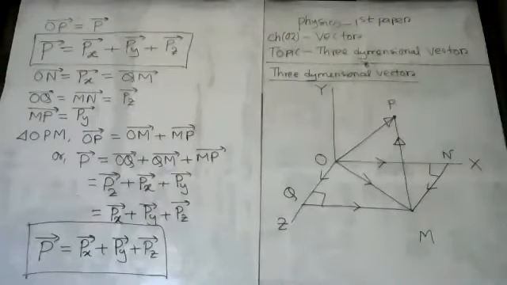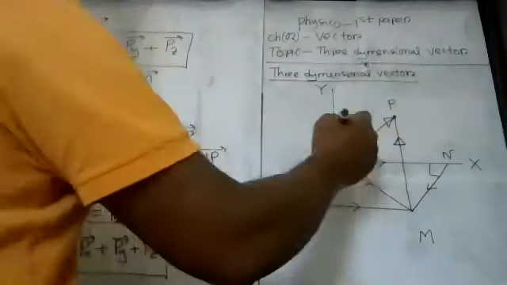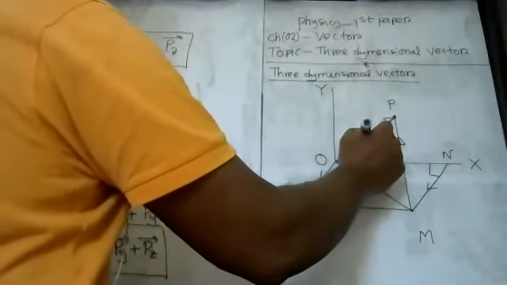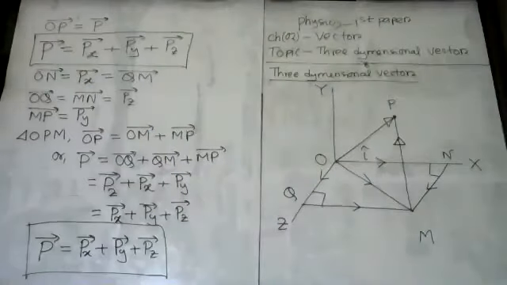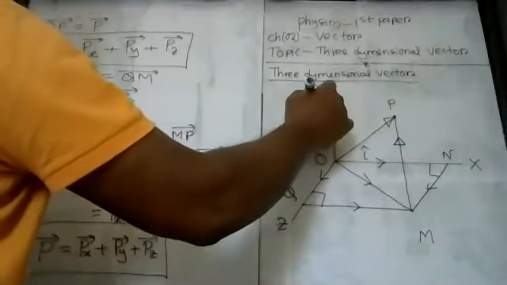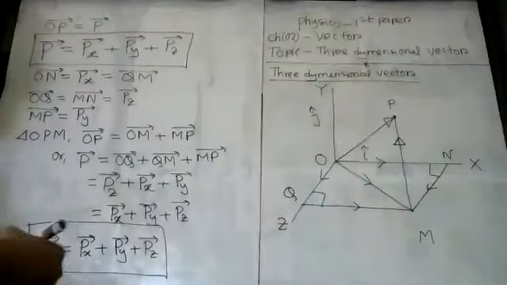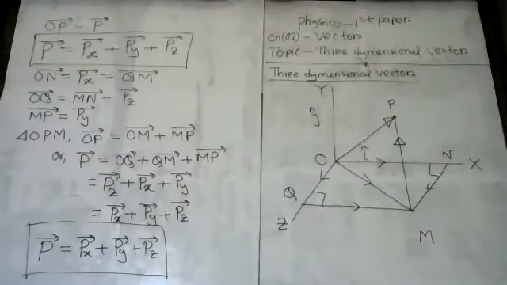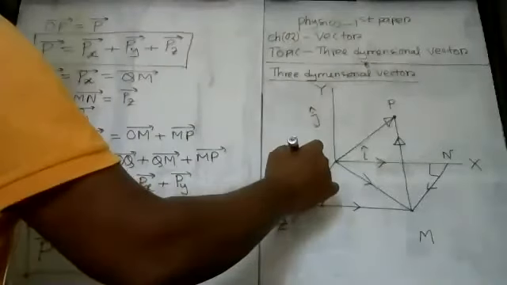Okay. Now, from the concept of rectangular unit vectors, you know that i hat is acting along the x-axis, j hat is acting along the y-axis, and k hat is acting along the z-axis.